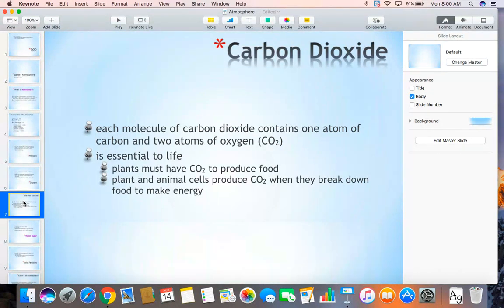Carbon dioxide. This is carbon with 2 oxygens, hence the name dioxide there. That di stands for 2. So each carbon dioxide contains 1 atom of carbon and 2 atoms of oxygen. It's essential to life. Plants must have CO2 in order to make food. I'm sure you've heard of people talking to the plants and things like that.